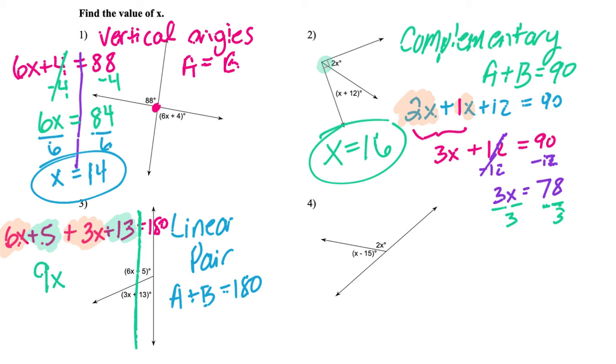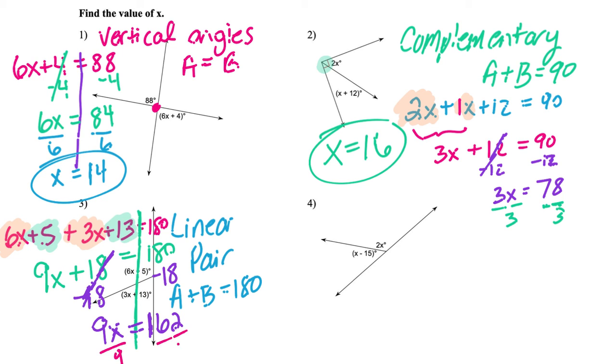So I'm going to subtract 18 on both sides, and that will then give me 9x equals 162. And when I divide by 9, I get that x is equal to 18.